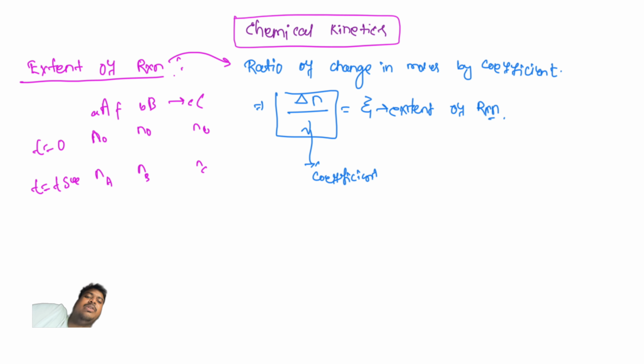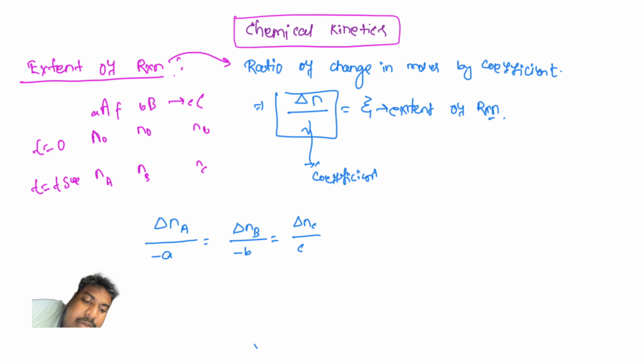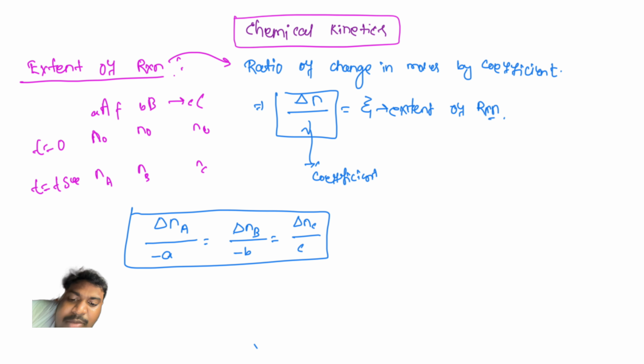Now how to write the extent of reaction for the above reaction? We write delta n of A by negative a, delta n of B by negative b, delta n of C by c. There is only one sign convention: for reactants you put the negative sign, and for products you put the positive sign, and that's it.